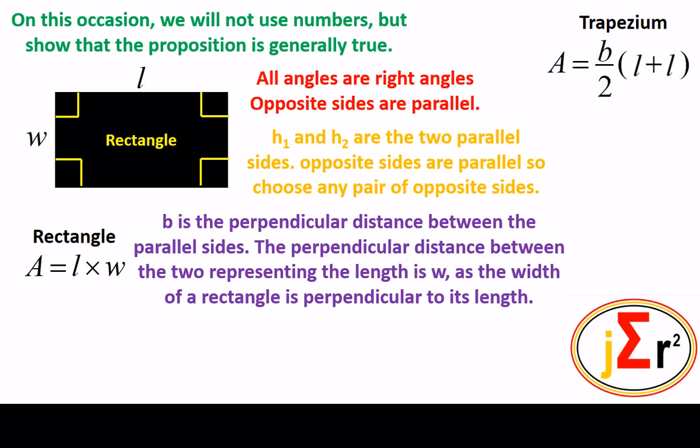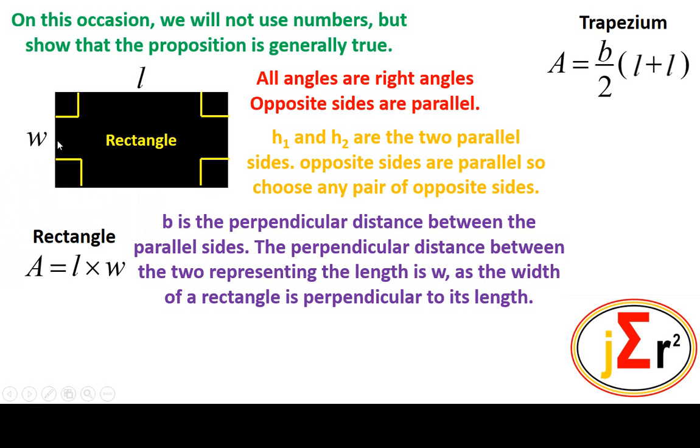The perpendicular distance between the two representing the length is W, as the width of a rectangle is perpendicular to its length. So the length right here and here, those are the sides that we consider to be the two parallel sides. For a rectangle, the width is perpendicular to the length.